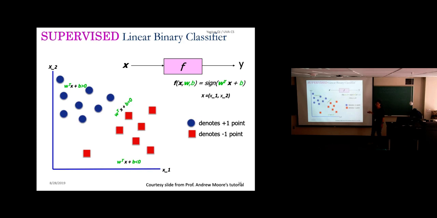Data points are labeled through shape or color in this case. I'm trying to learn a function to separate the two colored points, and that function can be described very easily through this form: W transpose x plus b, and take the sign. Questions?